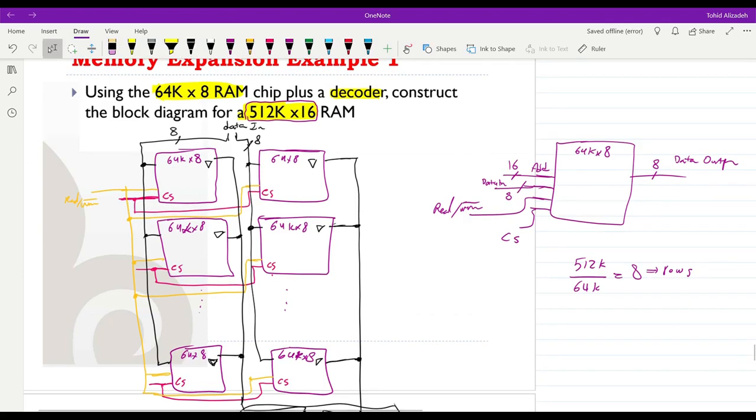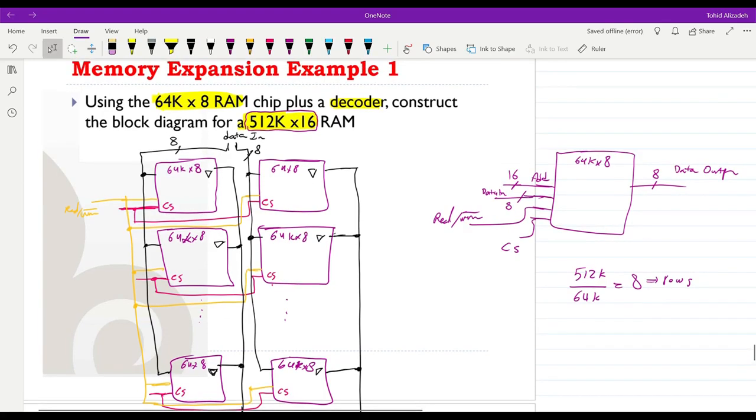The most important part here is regarding the addressing. We know that each one of the ICs receives 16 bits for the address, and we need to refer to each one of the rows as well. For 8 rows we will use 3 additional address lines, and in total we will have 19.